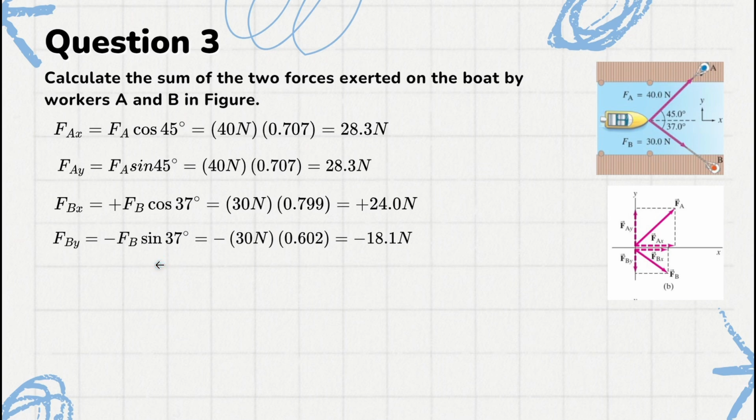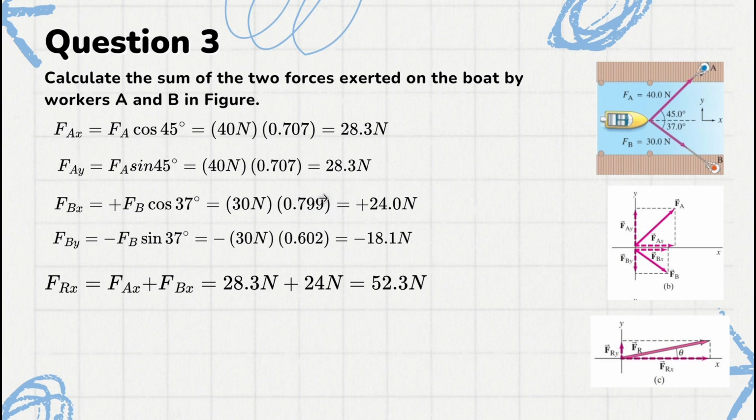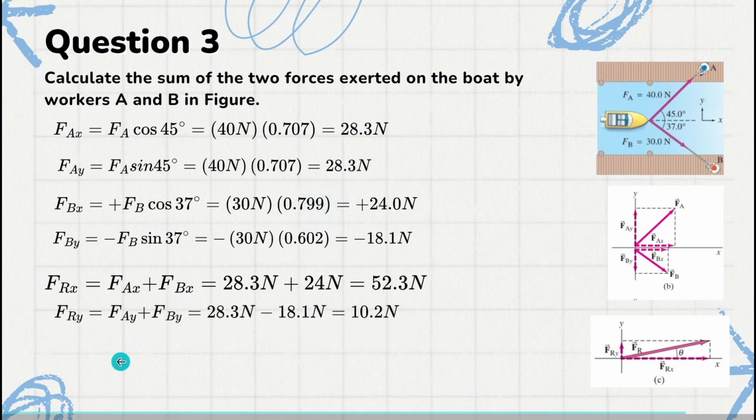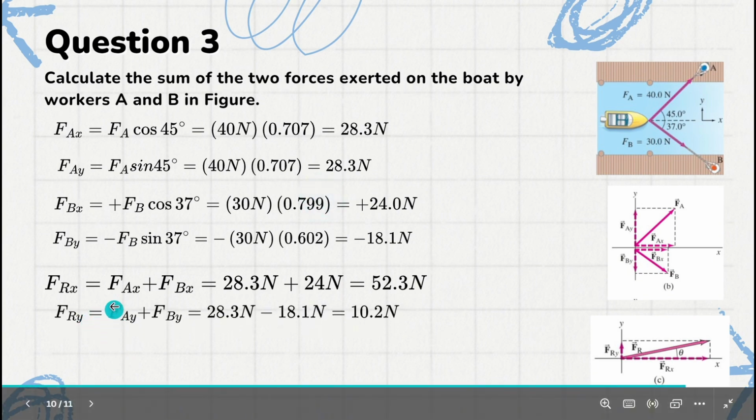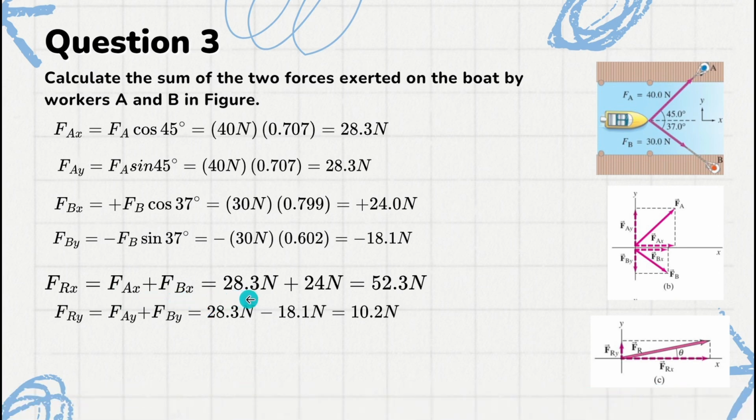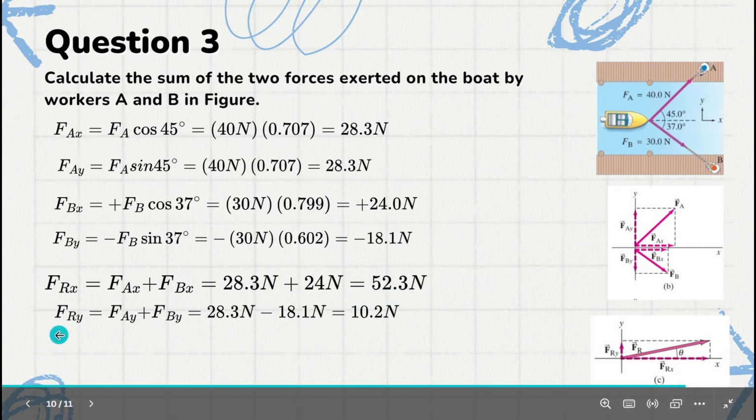The components of the resultant force are FRx and FRy. First, FRx equals FAx plus FBx, which equals 28.3 Newtons plus 24 Newtons, equals 42.3 Newtons. Next, FRy equals FAy plus FBy, equals 28.3 Newtons minus 18.1 Newtons.